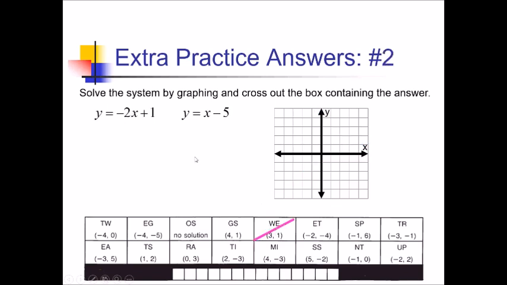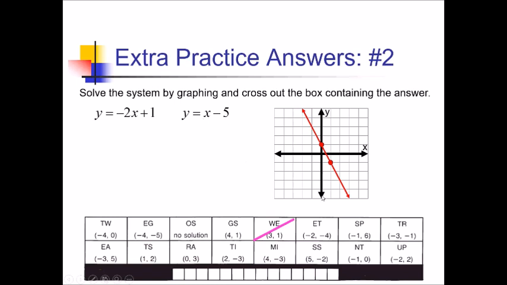For this system, let me go ahead and graph each of these lines, both in slope-intercept form, so that's nice. First one, we have a y-intercept of 1, so that's 1 on the y-axis. Our slope is -2. So I'm going down 2 and over 1, starting here at the y-intercept. Draw the line through those. Next, we have a y-intercept for this second line of -5.